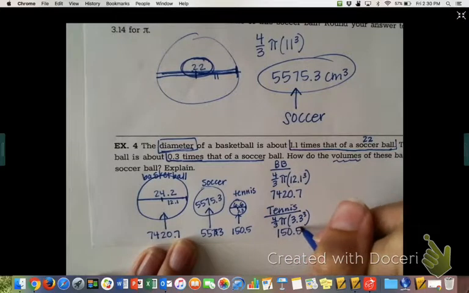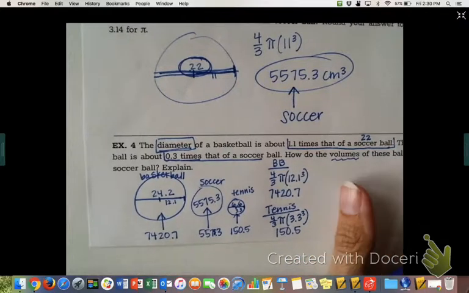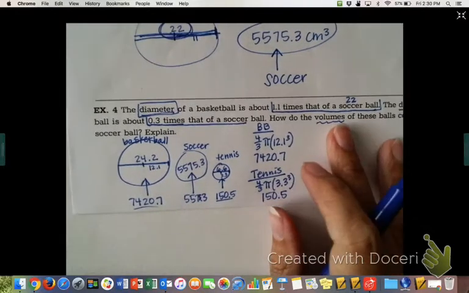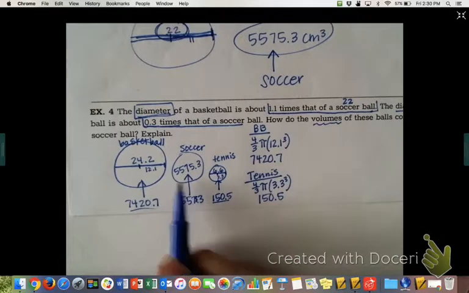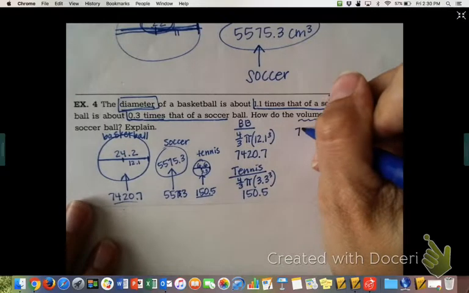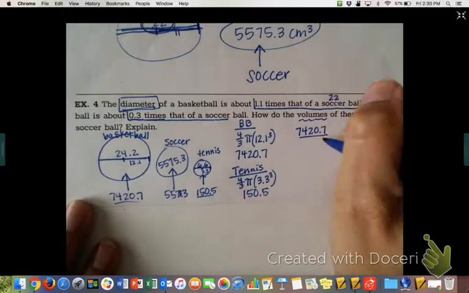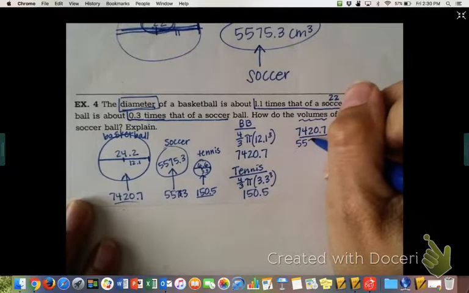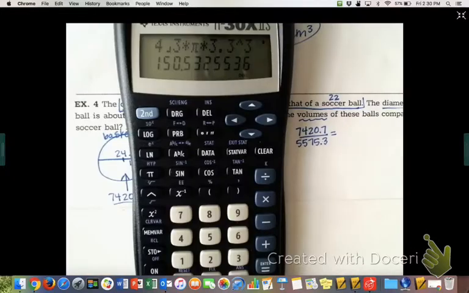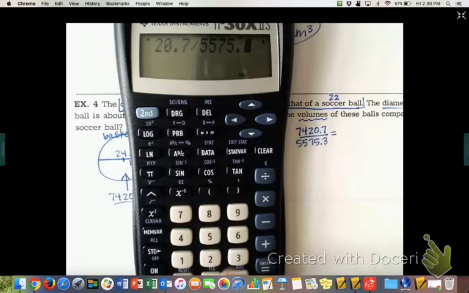Okay, and then it says, how do they compare? How do these two compare to our soccer ball? And explain. I would divide these to see how much bigger the basketball is. So I'm going to first compare the basketball. So 7420.7 divided by our soccer ball, 5575.3, and see how those two compare. So let's just see. 7420.7 divided by 5575.3 it's about 1.3 times bigger.